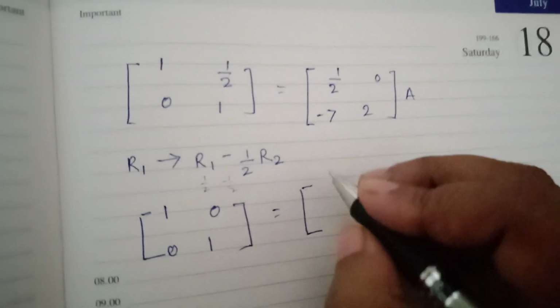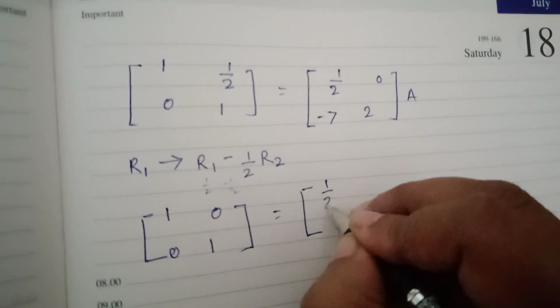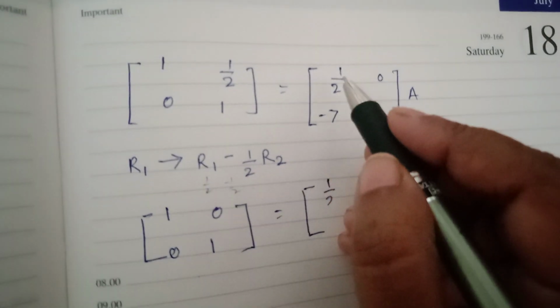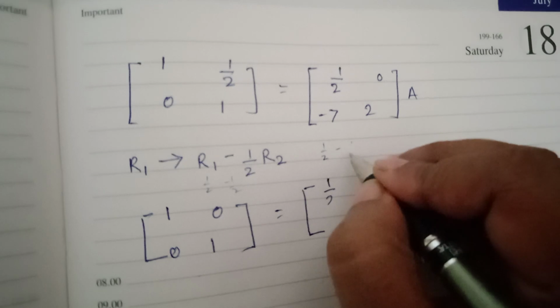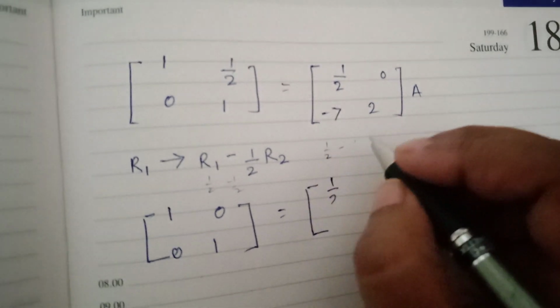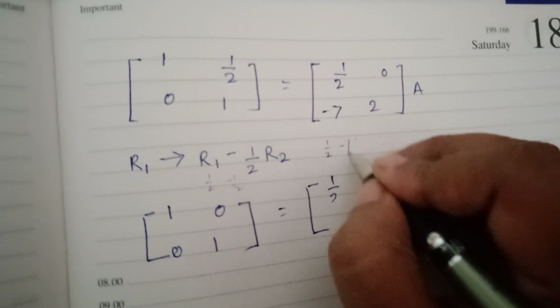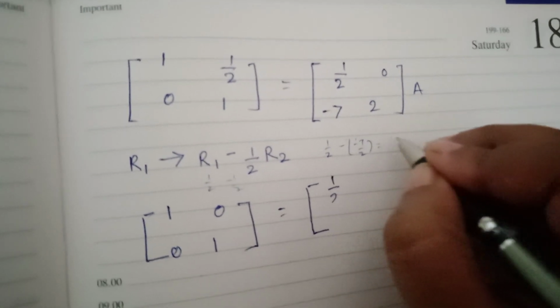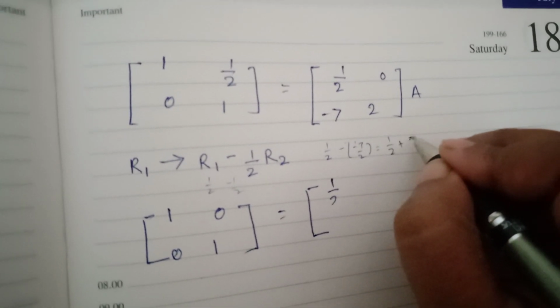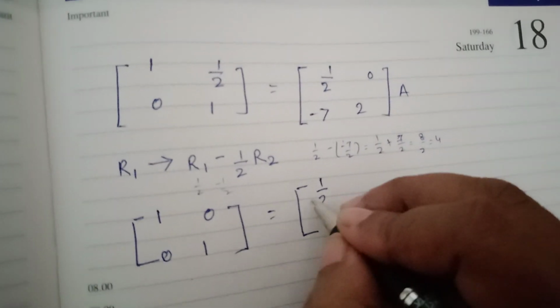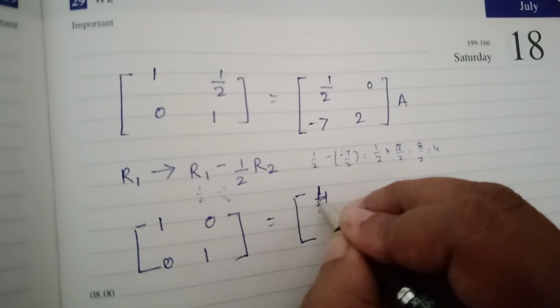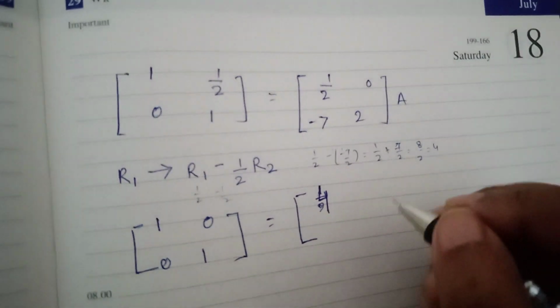What will be here? Half. Okay, sorry, this is half here. Minus half of R2 minus 7 by 2, which is half plus 7 by 2, which is 8 by 2, which is equal to 4. So here I will have 4.